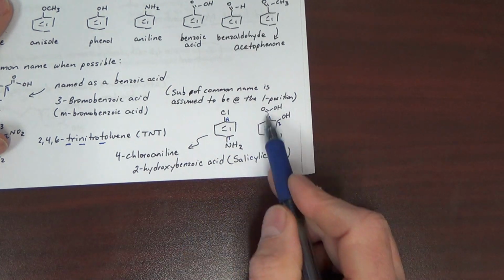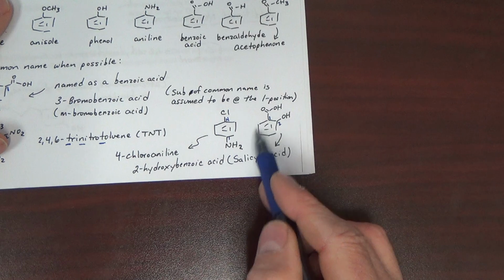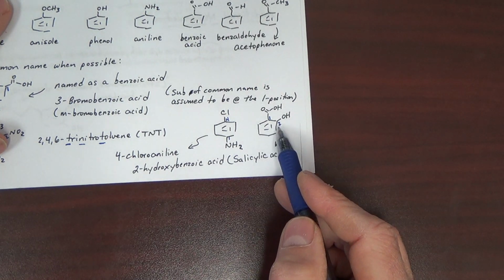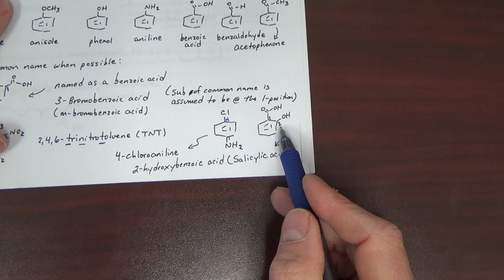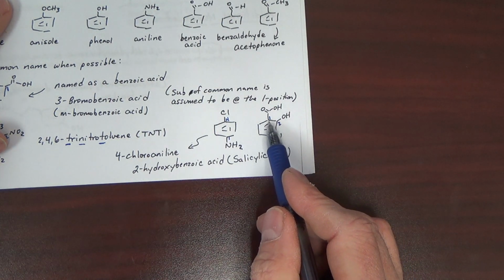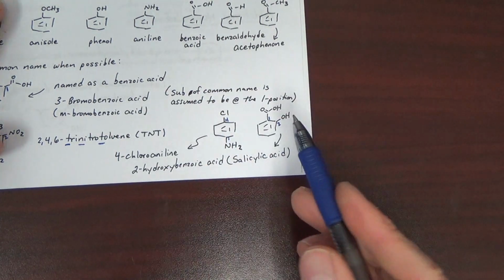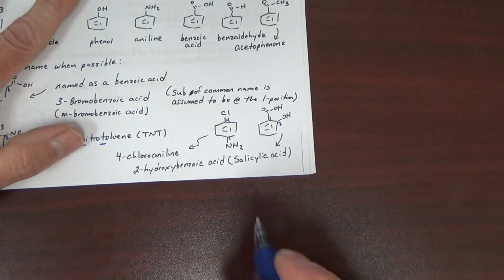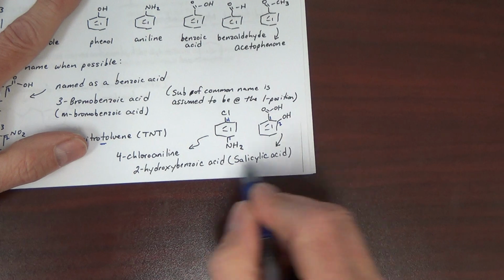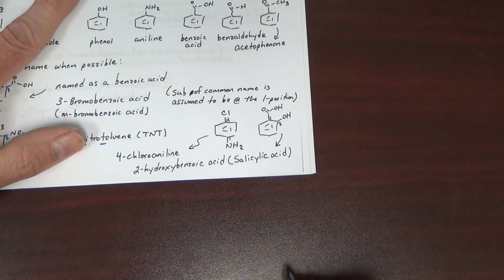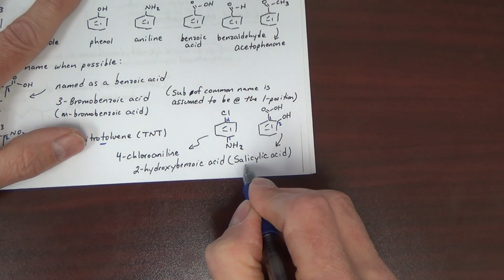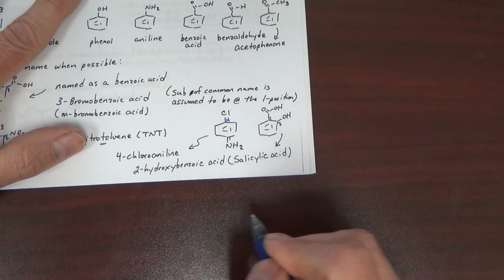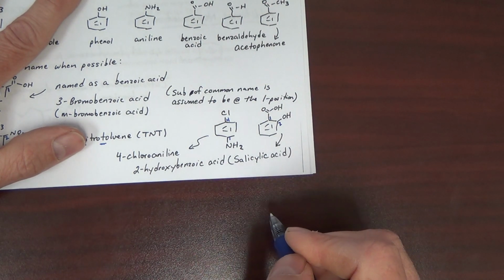But the main reason I give you this is because this actually goes by another common name. There's lots of different common names for benzene compounds, including those that are monosubstituted, disubstituted, trisubstituted, etc. But this is called salicylic acid. And I just point that out because maybe you have heard of salicylic acid or salicylates.